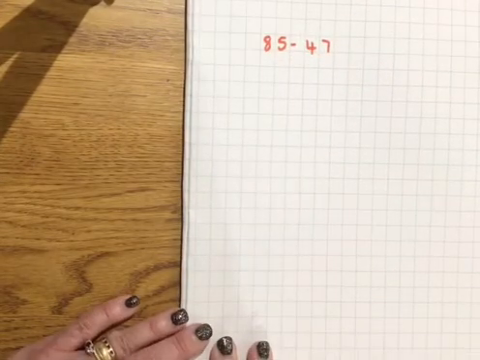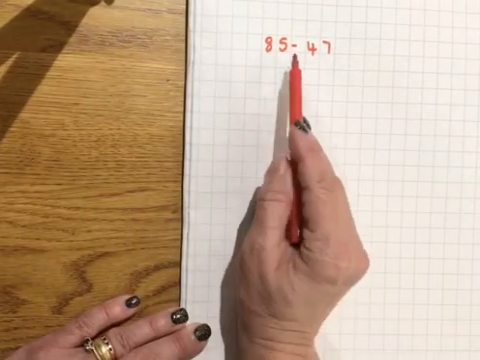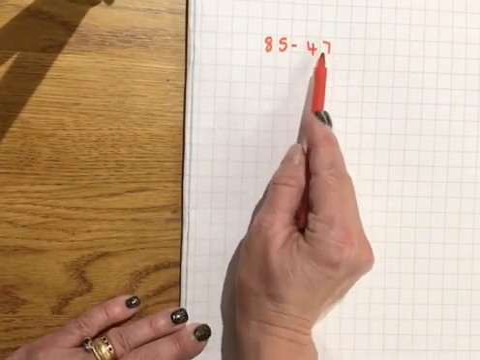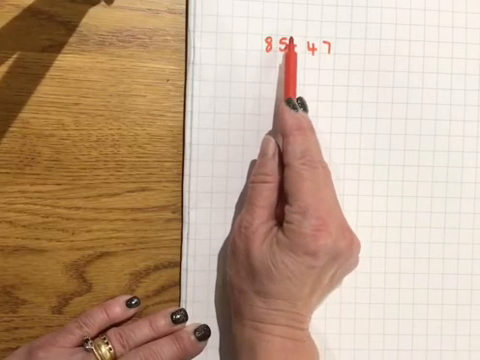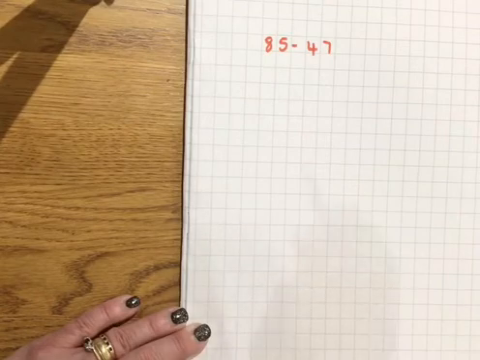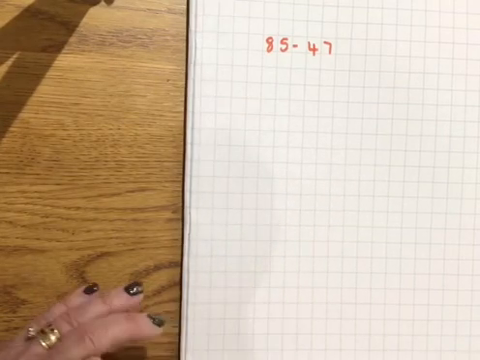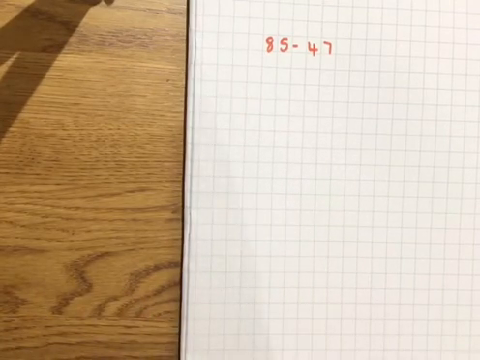Now let's look at what happens if I have more ones in the number I'm subtracting than the number that I am subtracting from. So I can still use my number line, I just have to make more jumps.